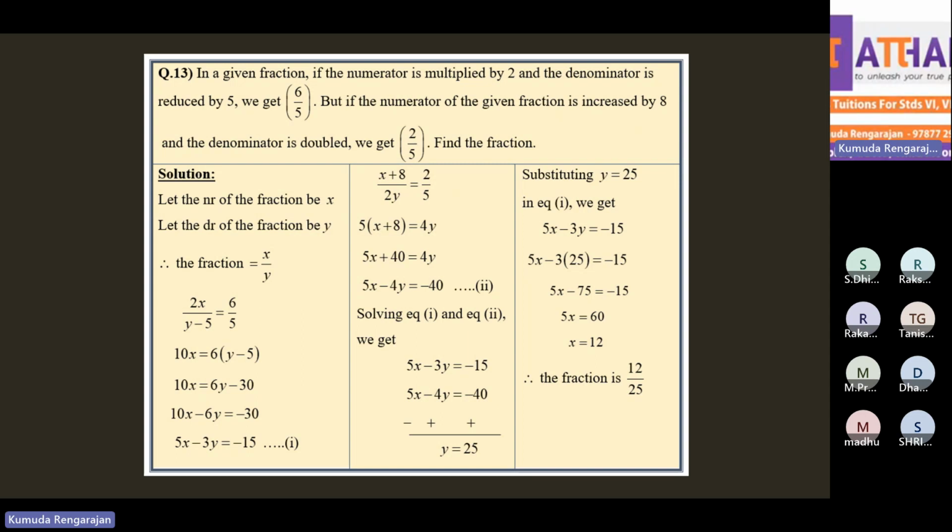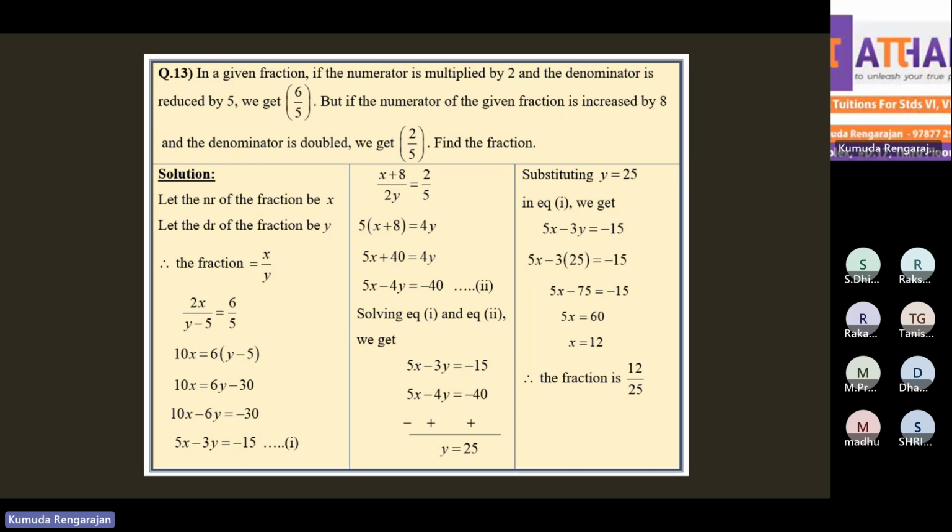What's the question? We know x by y is a fraction. In the first equation, if the numerator is multiplied by 2 and the denominator is reduced by 5, we get 6 by 5. If the numerator is multiplied by 2, that means 2x, and the denominator y is reduced by 5, we get the new fraction 6 by 5.